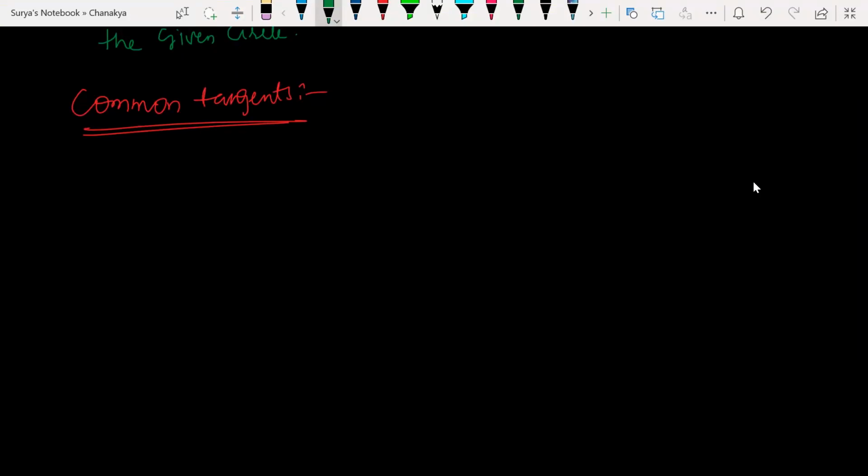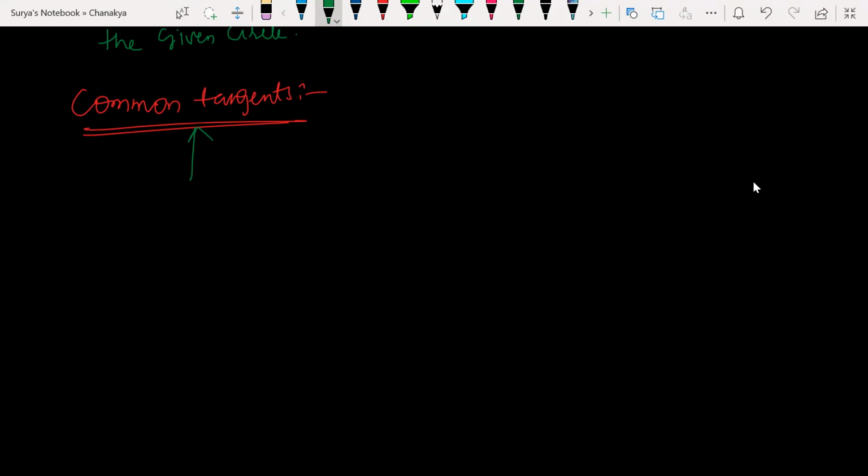So basically we'll be observing the number of common tangents of two circles. Whenever we have two circles, only then is it possible to identify a common tangent. It depends completely on their positions.